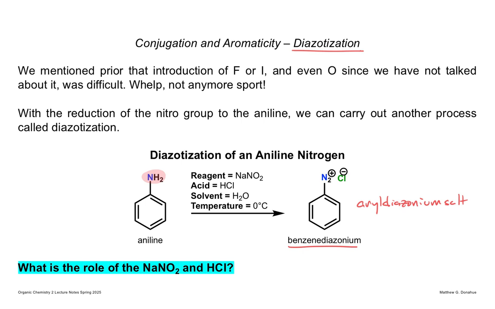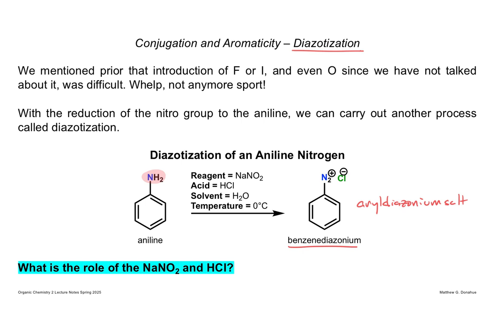The conditions to do that include sodium nitrite. So remember from Gen Chem how vocabulary can tell you about the oxidation state of things. Nitrate is NO3, nitrite is NO2.